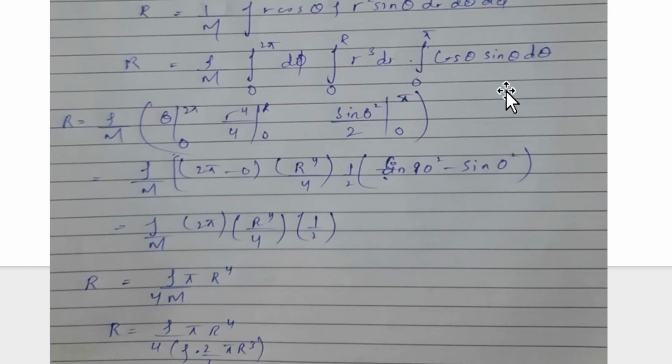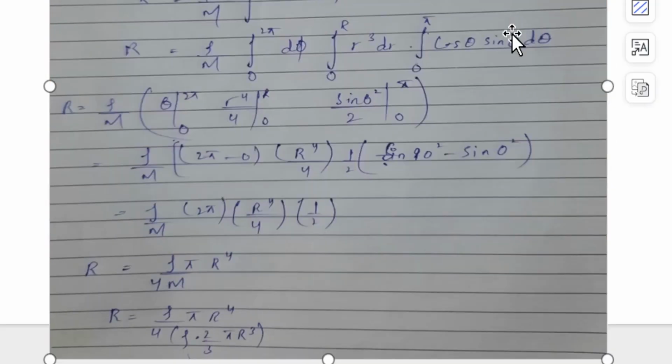Now further you can see, after putting values, we will get 2 pi r4 by 4 and a half. And after cancelling the same terms, you will get only density pi r4 for m, which is in ratio.